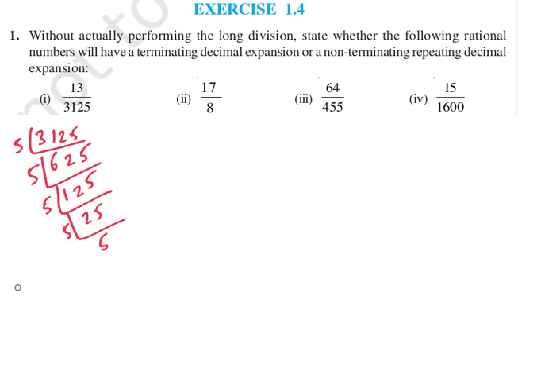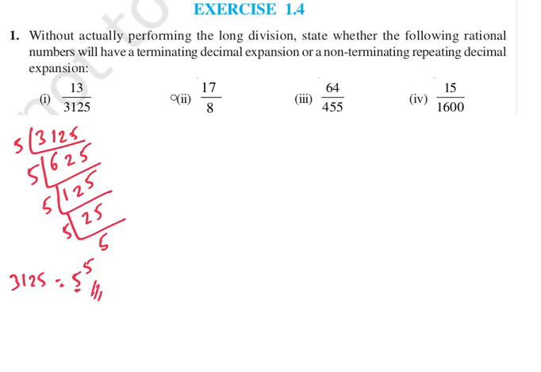So, 3125 we can write as 5 to the power 5. This denominator has only the prime number 5. We don't need to see the numerator, only the denominator we need to look at. So if the denominator of the rational number has only 5, definitely this kind of decimal expansion will terminate.